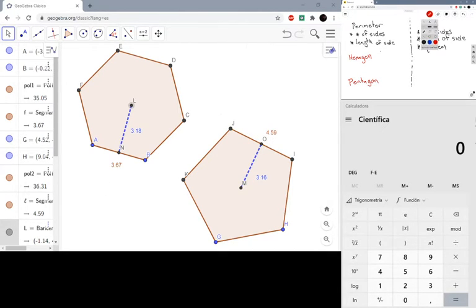The hexagon has 6 sides, okay, and the measure of the side is 3.67. So the perimeter is going to be 6 times 3.67, which is 22.02 units, okay?